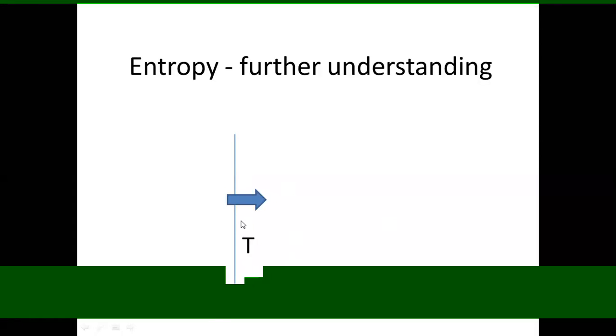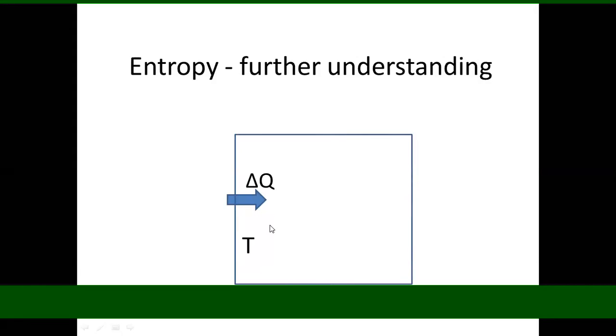At the right side, where the heat enters the media, the temperature is T. This is not the surface itself but the vicinity of the surface, with media temperature T. Let's say at a certain period of time, the heat transferred is delta Q. In practical terms, this delta Q is transferred to a certain space, and at the heat transfer point, the temperature is T.